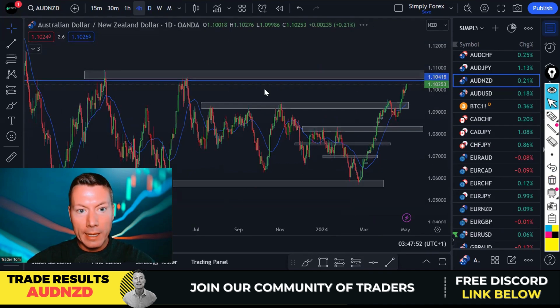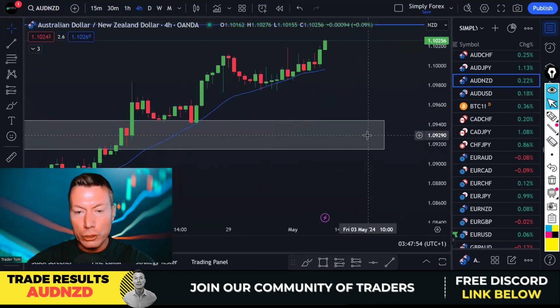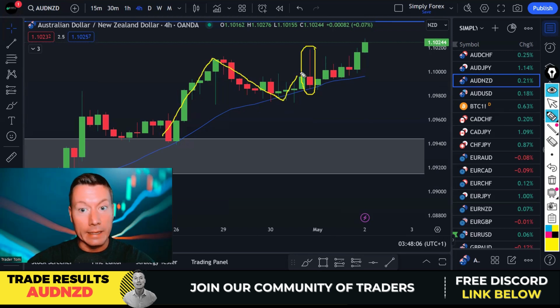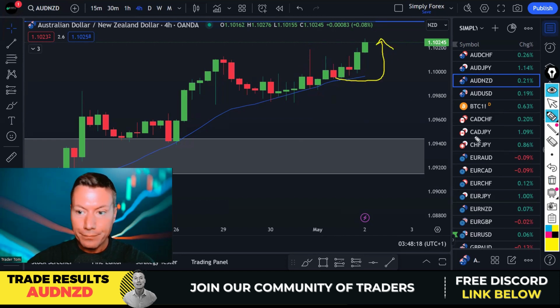If we drop down to the H4, this is what put me off this trade all day, really. This candle right here. Price was in an uptrend at this point, still in an uptrend. But once we see this H4 candle, we started seeing these wicks as well. It just never gave me enough impetus to take this trade. But look, it's still coming up anyway.